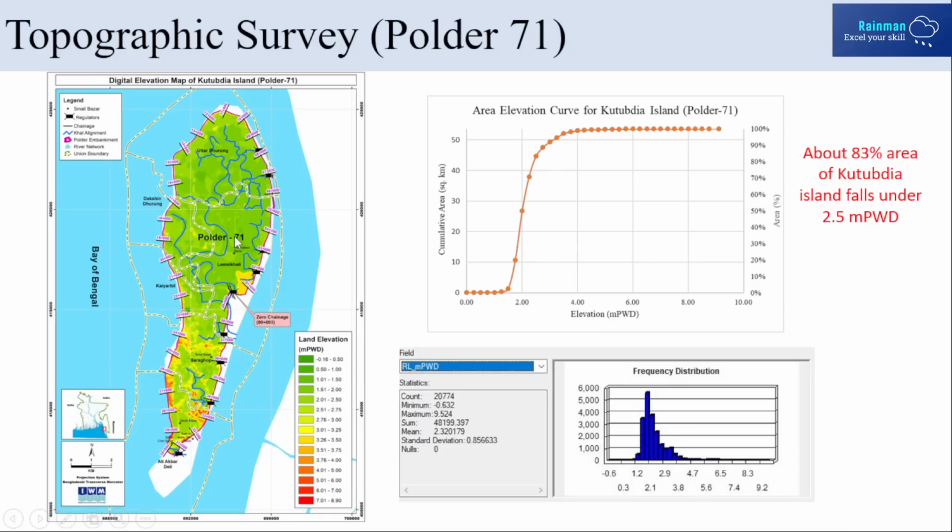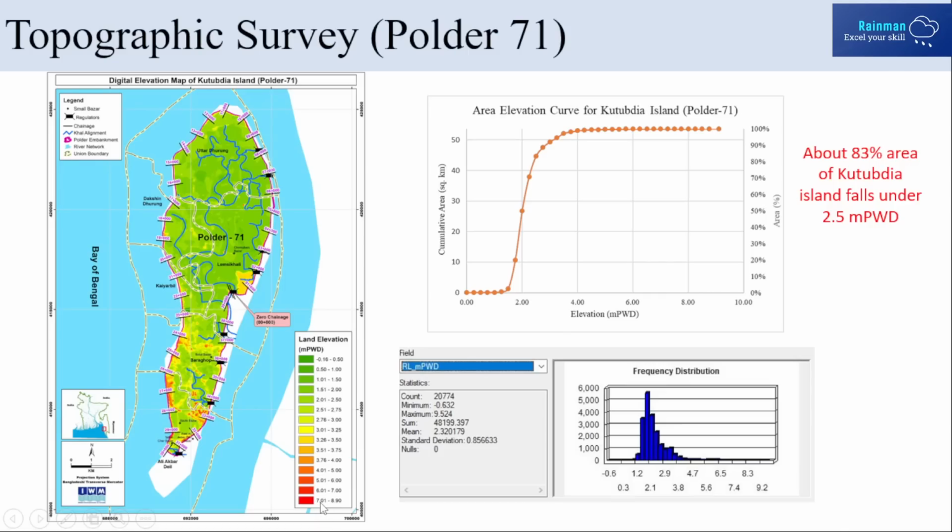I have already shown in my previous video how to prepare a raster file from XYZ file, so you can check that video. So here you can see the frequency distribution, how the elevation, how the land level of this area is. You see here, the minimum is minus 0.63 and the maximum is 9.52 meter PWD, the mean is 2.3, standard deviation is 0.85.